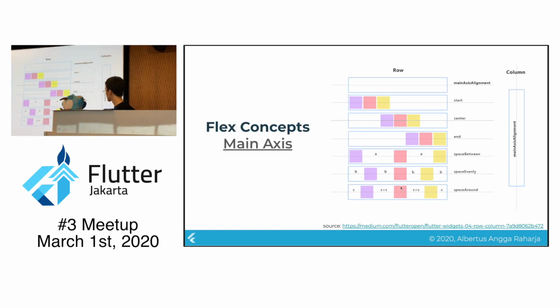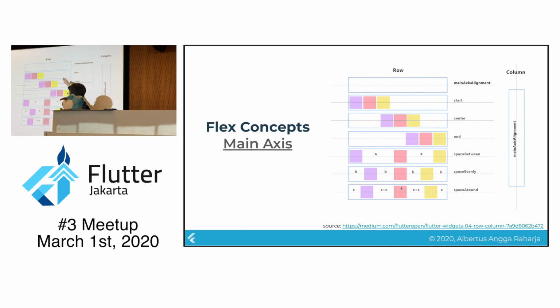So let's talk about main axis. In CSS Flexbox, you have all of this, and in Flutter, you also have all of this. So you have start, end, center, space between, space evenly, and space around. What does it mean? If you specify your main axis alignment, which defaults to, if I'm not mistaken, center, and you have available space, your children will be placed in the center of the available space.